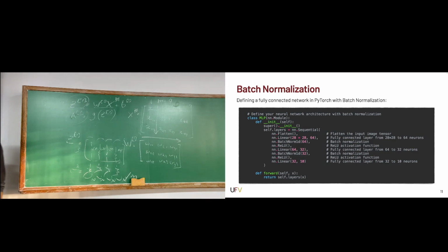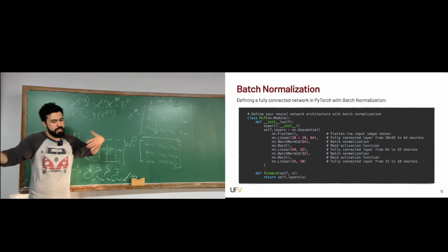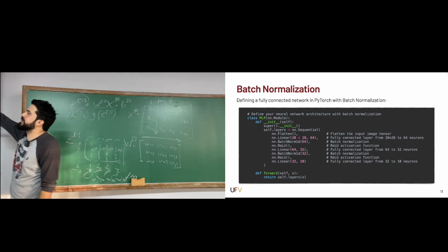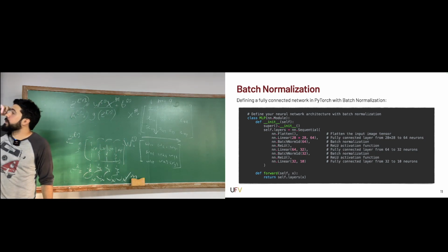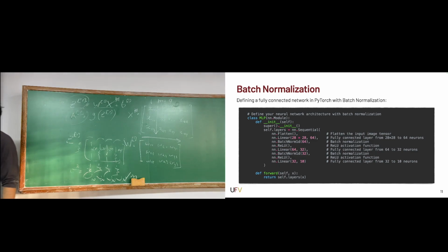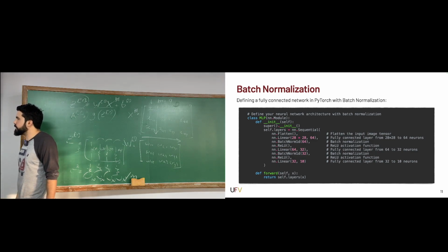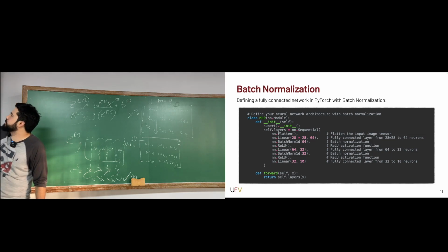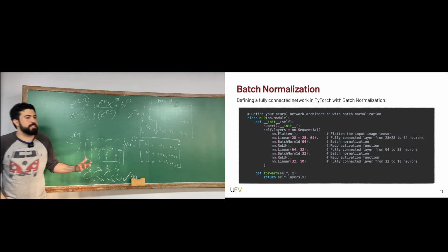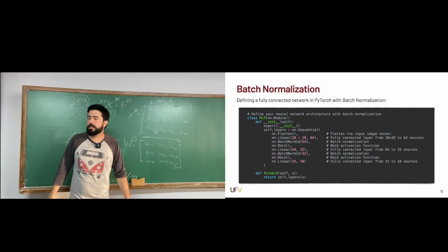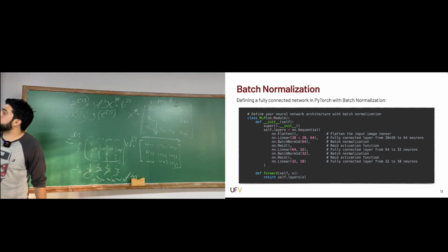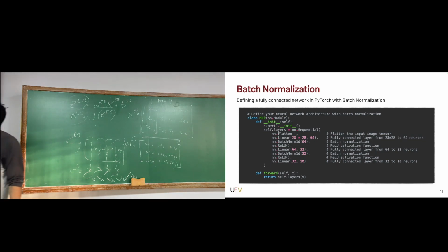The first one is a flatten layer, which is a special layer for flattening the input. I'm assuming we are dealing with images here, so this is going to flatten the images for me. Then there's a linear layer, a fully connected layer that is assuming an input that is 28 by 28 with the MNIST images, and 64 neurons. So input is 28 by 28 and output is 64 size.